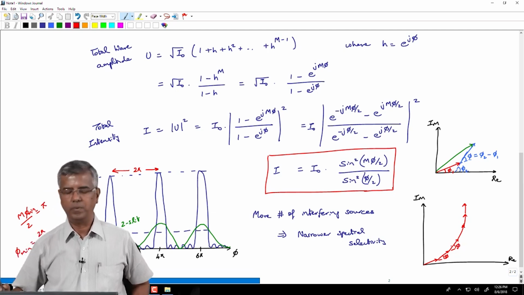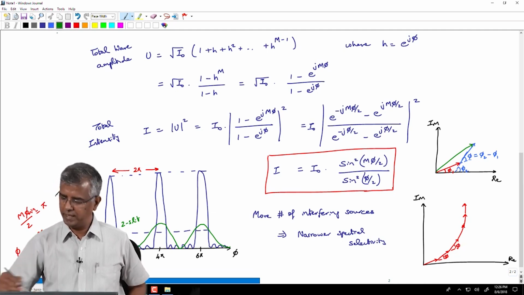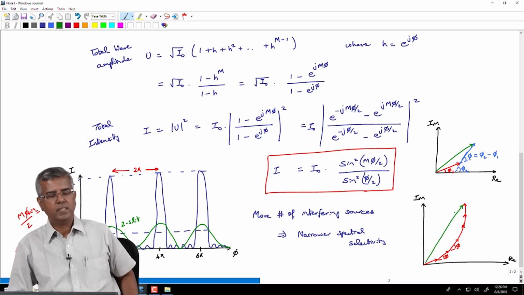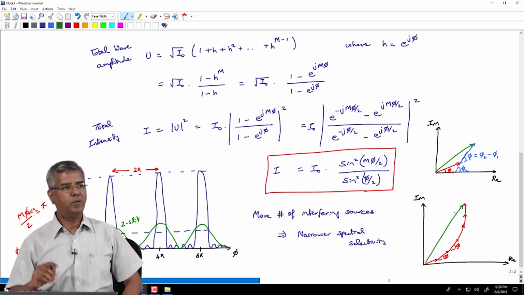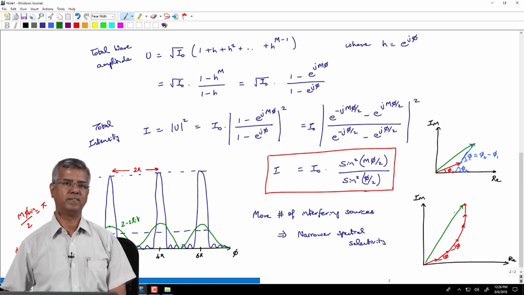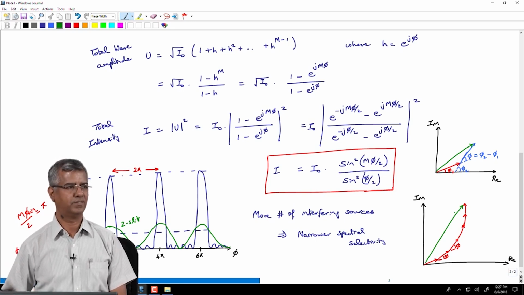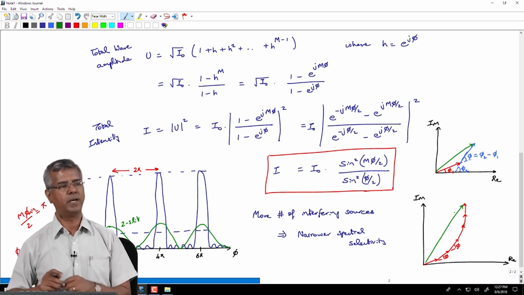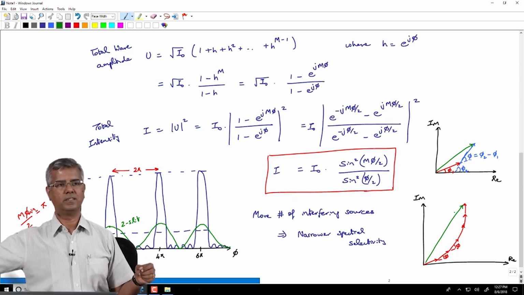And when all of them add, you get a resultant phasor like this. But in this case, even for a very small change in phi, the result is going to be drastically changed. If phi is 0 or 2 pi or so on, then all of them are going to line up, so you get one large phasor.